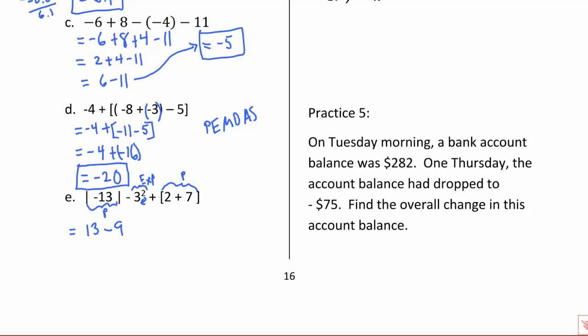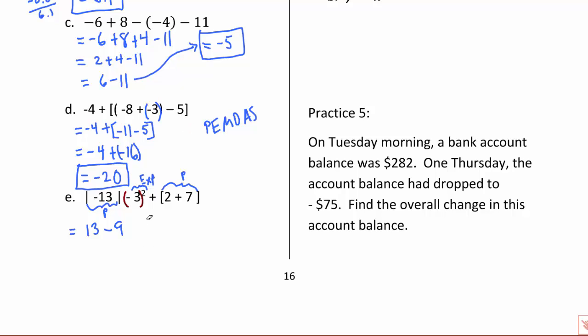Now, let me write this in a different color here. Make this kind of a reddish. If we had a parentheses around the negative 3, that negative 3 would be what's getting squared.